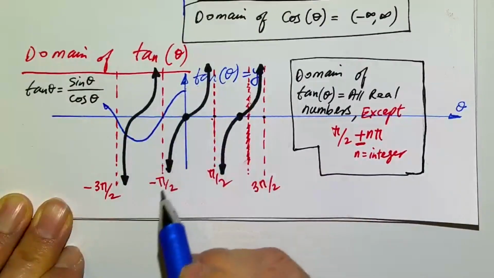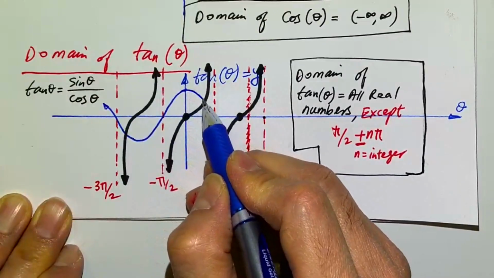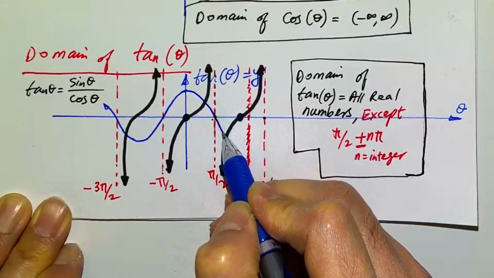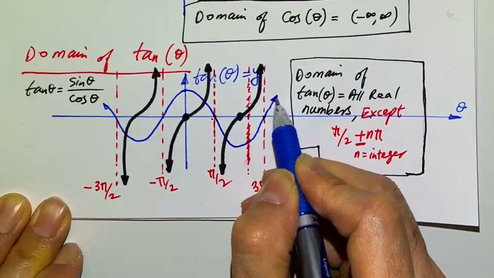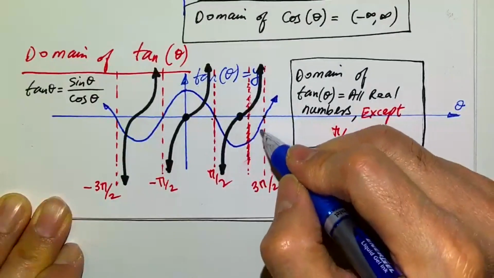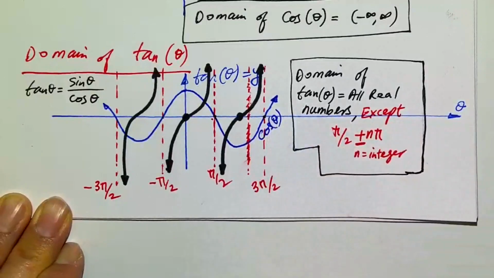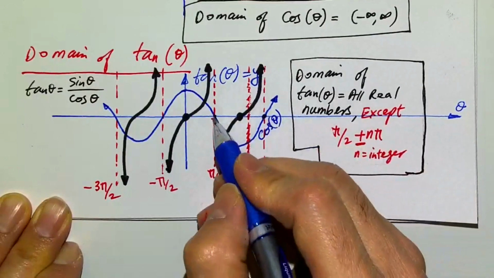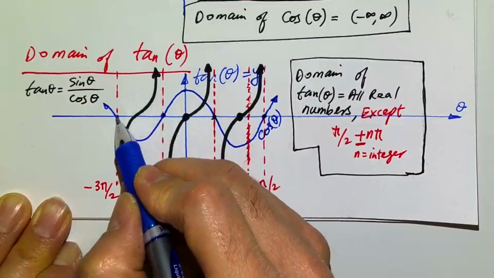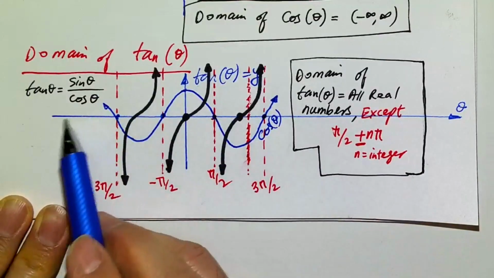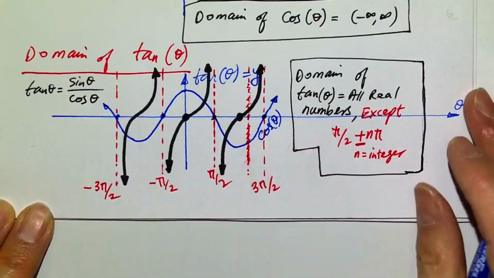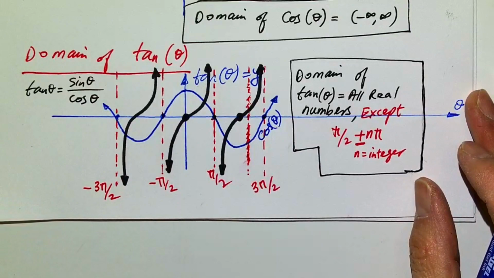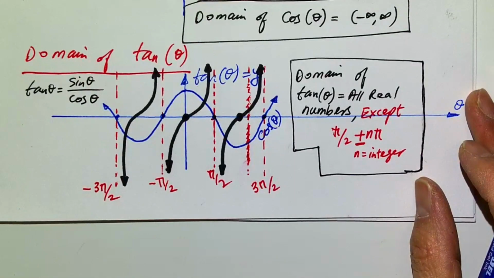On this side we'd have it come down here, go through that, and then come back up, go through that, and so on. This is the cosine of theta function. And look, wherever it's 0, you have the asymptotes because of this formula. I just did it once. I think it's better not to draw it because the graphs become too crowded, and I don't want to do that. Okay?